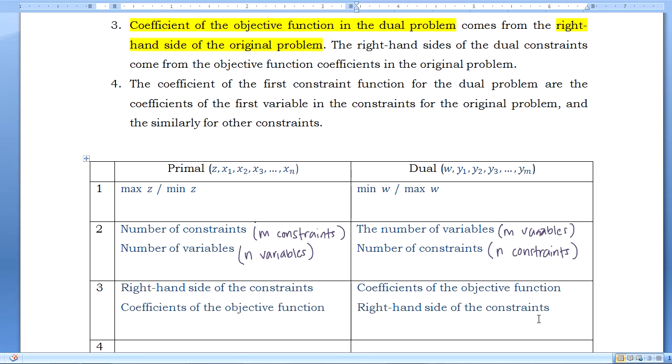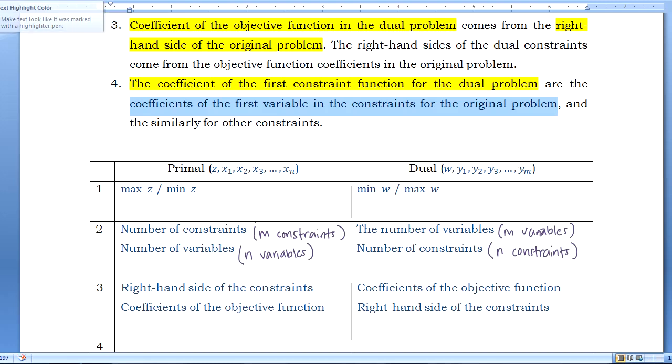And the last one, the coefficient of the first constraint function for the dual problem are the coefficient of the first variable in the constraint for the original problem, and similarly for other constraints.